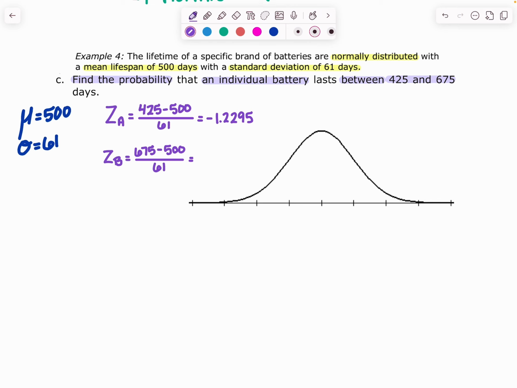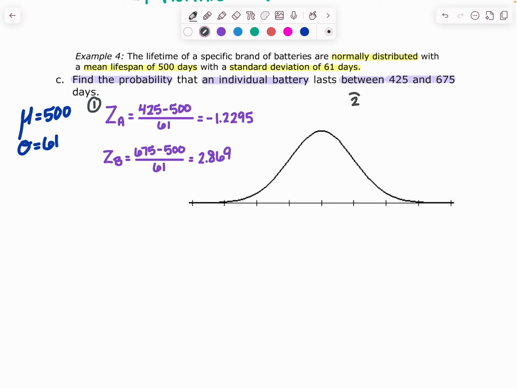And then 675 minus 500 is 175, divided by 61 is 2.869. A lot of these end in 9. All right, so that's our first step. I forgot to label it, but we found our z-scores.